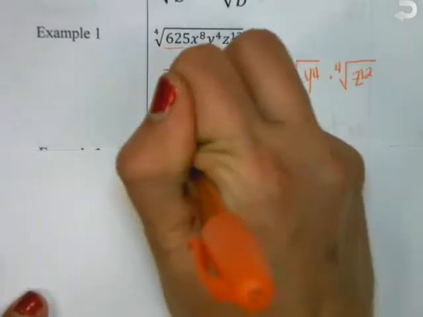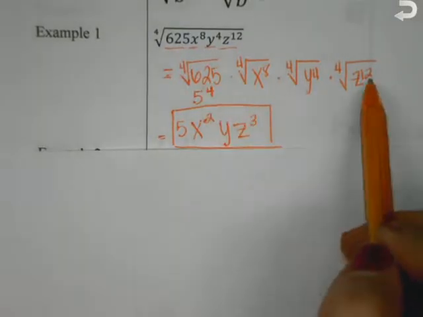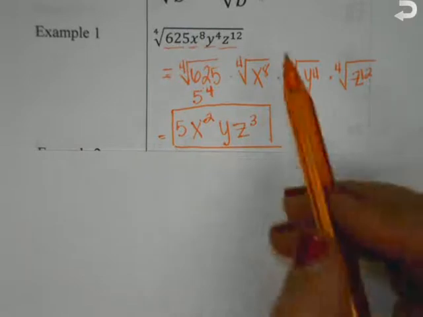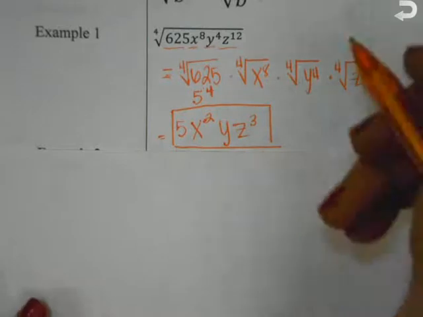So we don't have to break it up each time. I just wanted to show you that we're taking the fourth root of each individual one. Did anybody find a pattern? How did we get the fourth root of x to the 8th? Did anybody find a shortcut for that? Divide 8 by 4. Yeah, we can divide the exponent by the index.